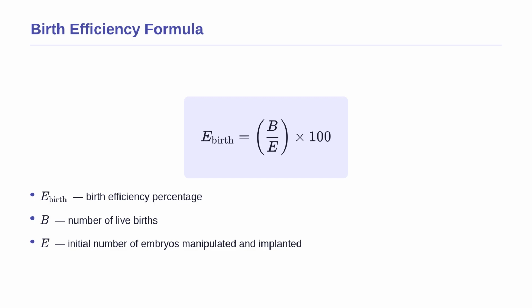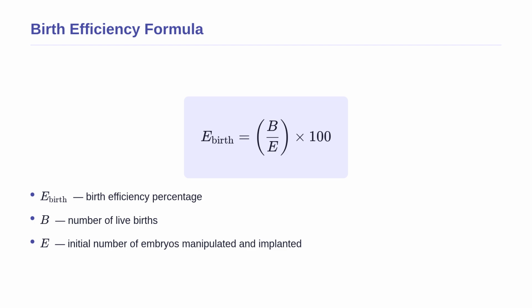To track the survival rate of our embryos, we use the birth efficiency formula. Conceptually, this simply measures the percentage of implanted embryos that successfully develop into live offspring. In this equation, E birth represents the birth efficiency percentage.